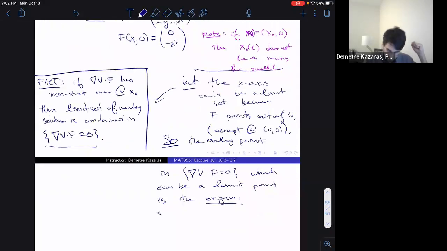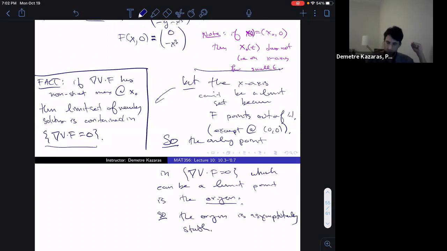So the origin is not only stable, but it's asymptotically stable. Okay, very good. It's getting pushed definitely towards the origin. It might spiral a little bit, but it's getting pushed into the origin.